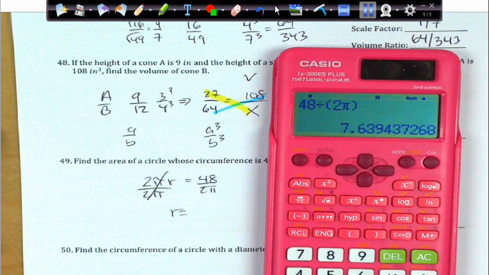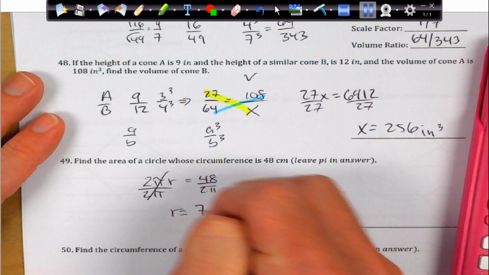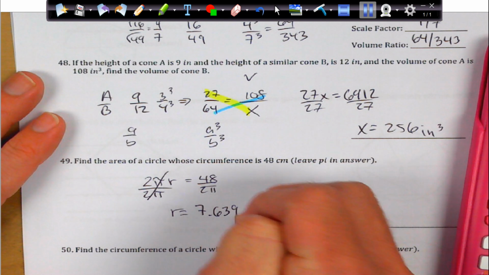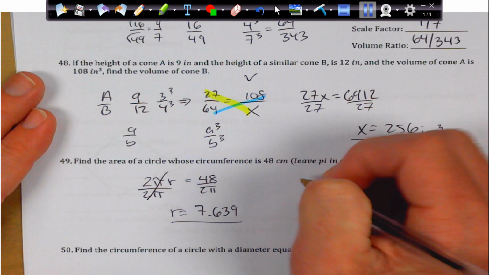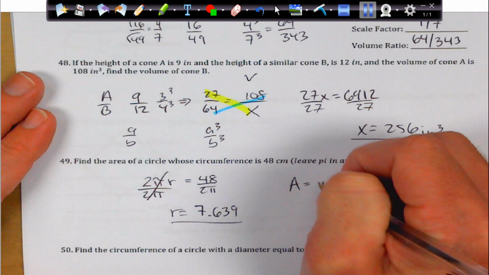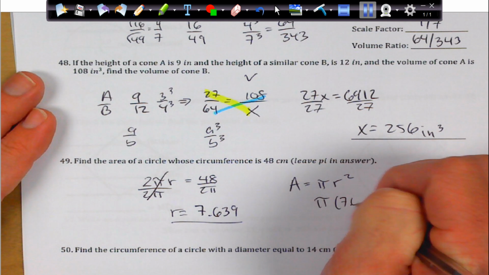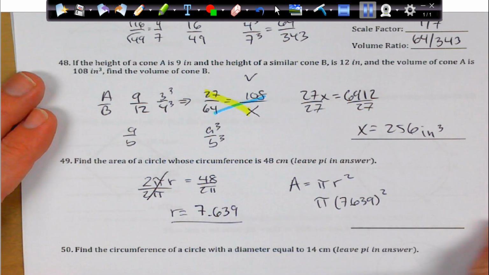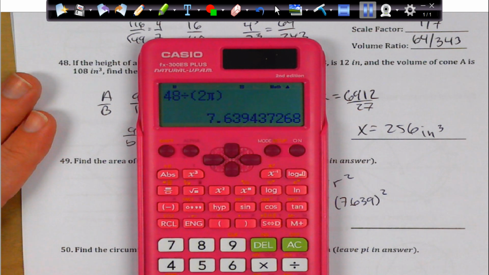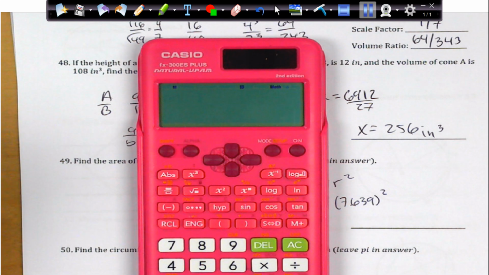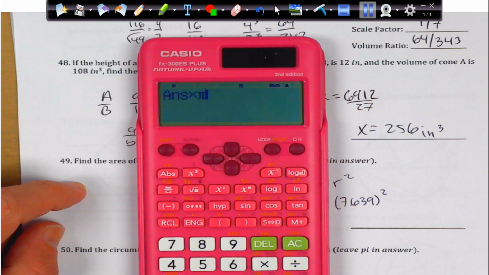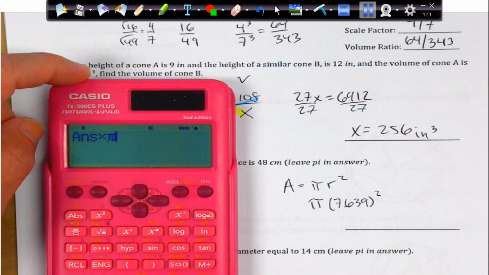So we get 7.639. That's my radius, so now I just put that in the area formula. Pi r squared, so that's going to be pi times 7.639 squared. I already have it in my calculator, so I'm just going to square this answer. And then times by pi. It says leave pi in the answer, so I guess I won't times by pi.